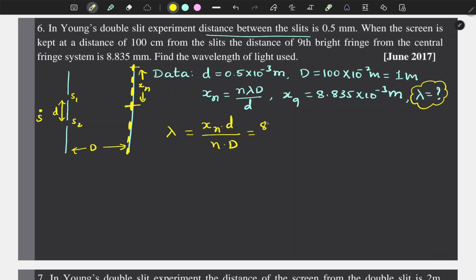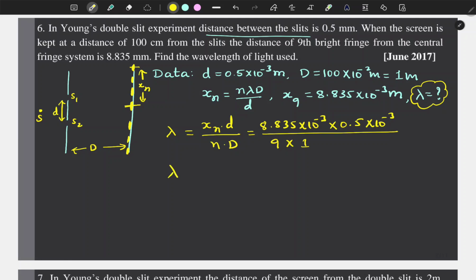So that is 8.835 into 10 to the power minus 3 into 0.5, the small d value, into 10 to the power minus 3, divided by n value, the ninth bright fringe, capital D value is 1 meter.